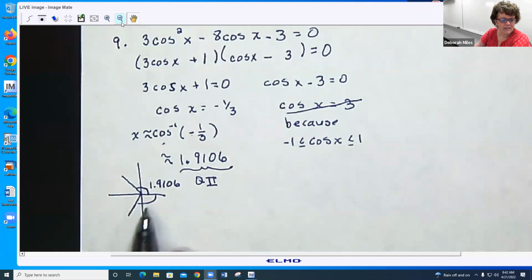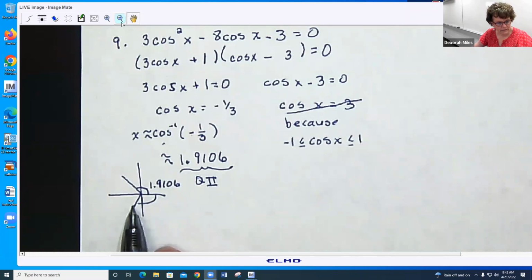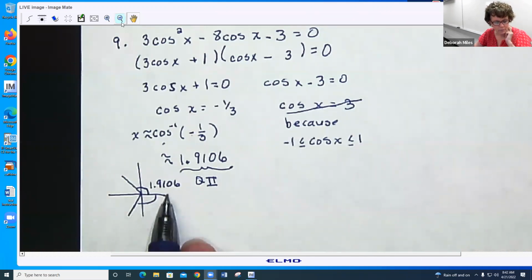How could I find the angle that is 1.9-ish radians from the x-axis, or from, let's say if I'd continued around one complete revolution, that would be 2 pi. So how could I find the angle that's 1.9 radians from 2 pi?